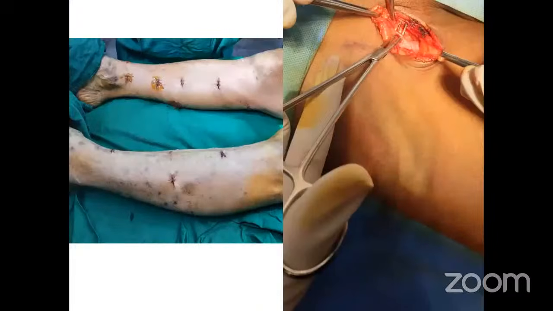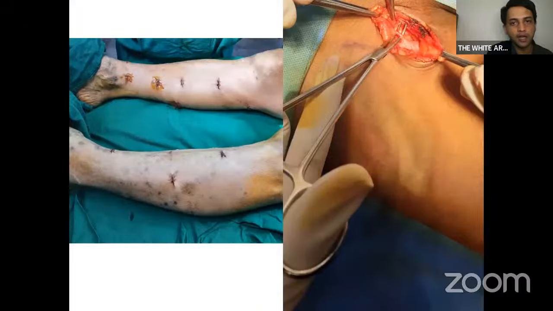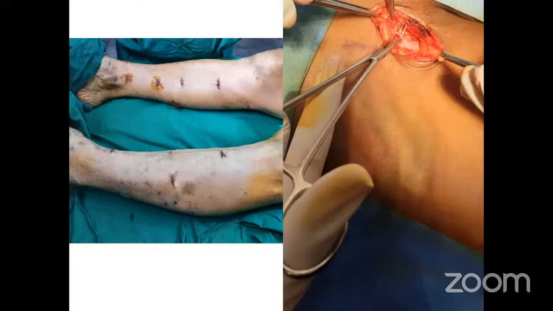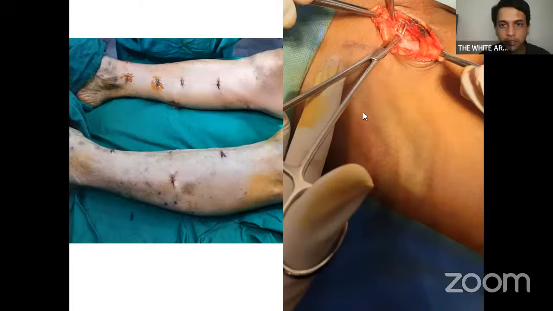Can you see what I am holding with the artery forceps? It's one of the tributaries of the great saphenous vein. Can you see my arrow marking there? No, sir. The whitish one is the tributary.